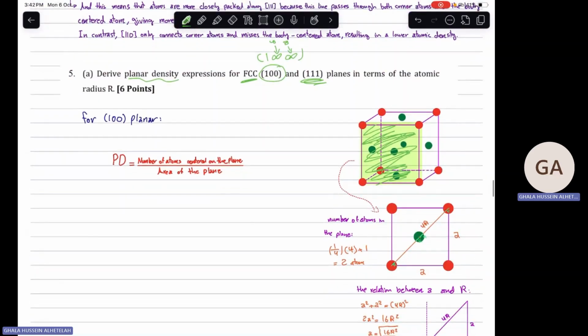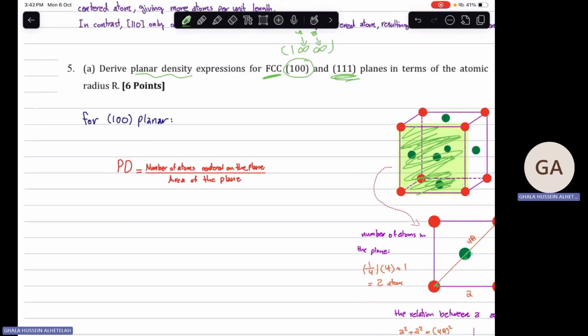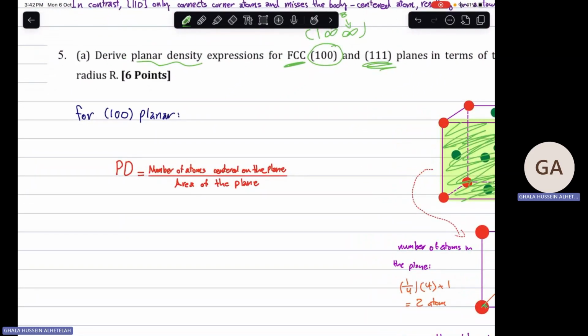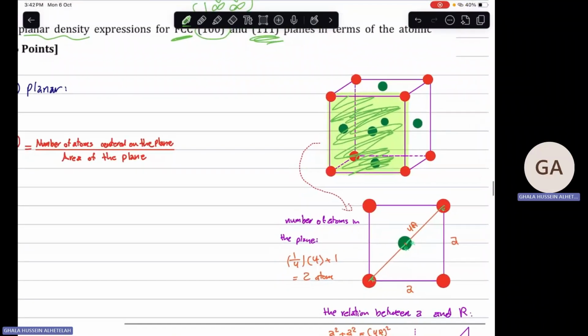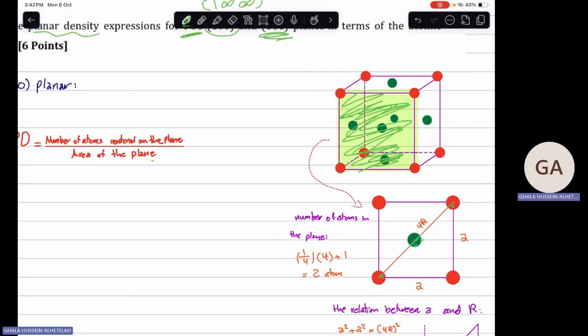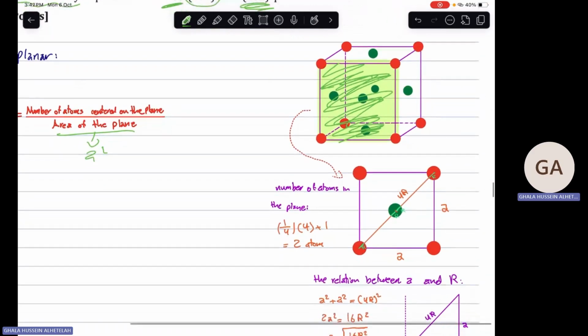The planar density is basically the number of atoms in the plane over the area of the plane. We know the area of the plane is a square.